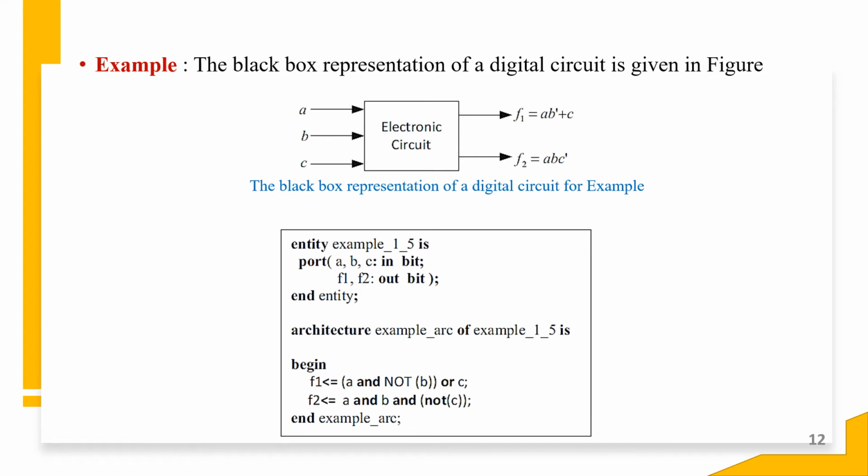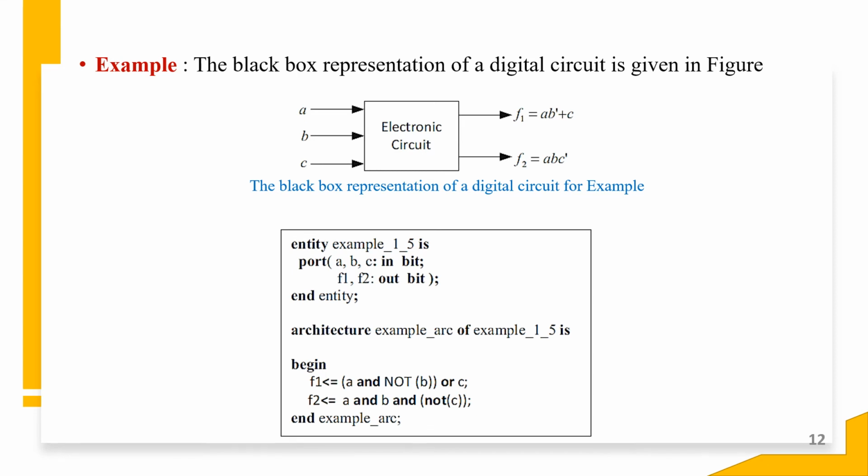In this example, we want to write an entity, port and architecture for this digital circuit. As you can see, we have 3 inputs and 2 outputs. All of the ports are STD logic. So write the entity, the name of the entity is example 1.